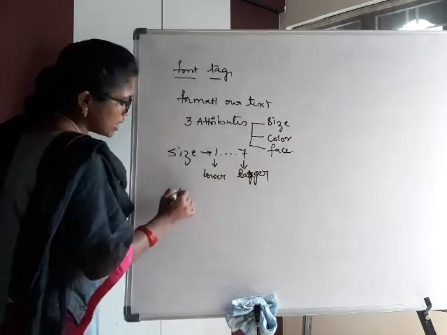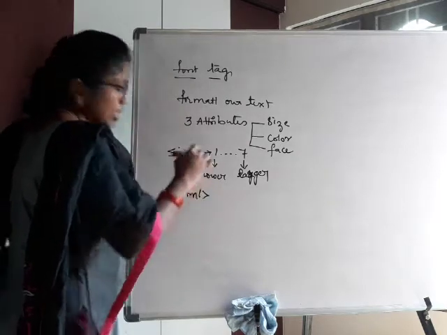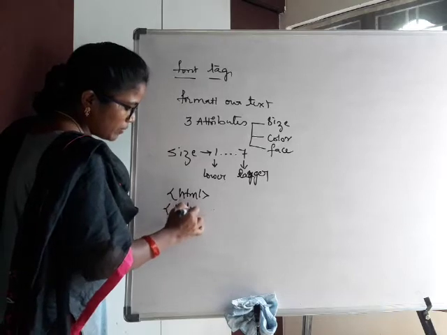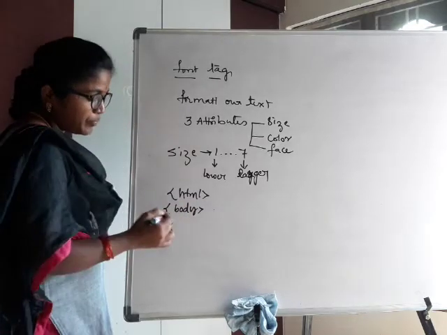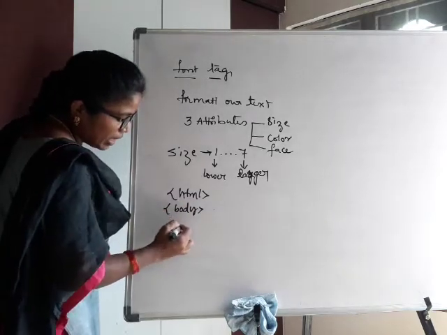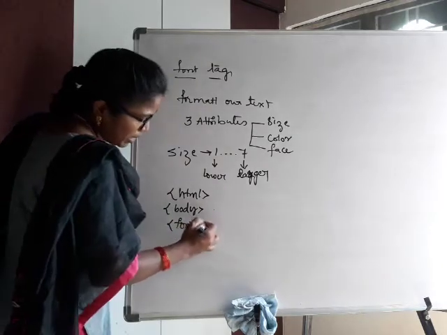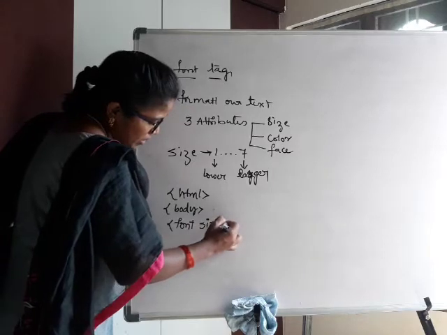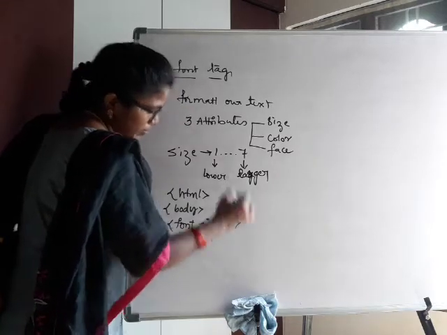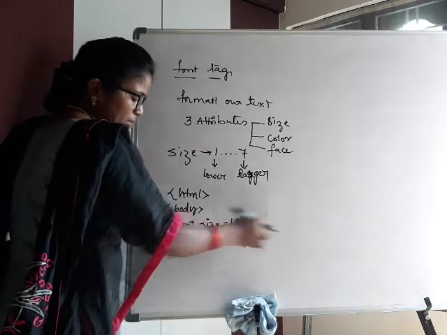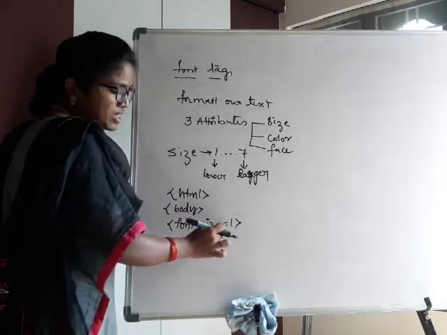So I will write down the program. Here I am not using head and title, so directly I am writing body. And here font is my tag, where I am writing size equals 1. Whatever text I write here will be displayed with this size.